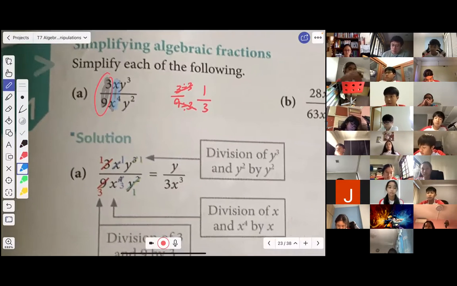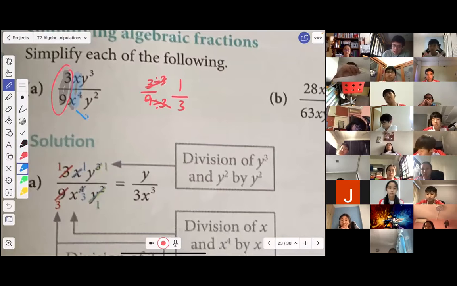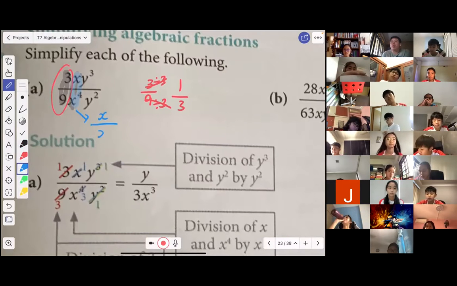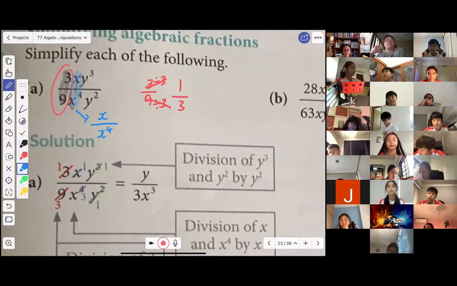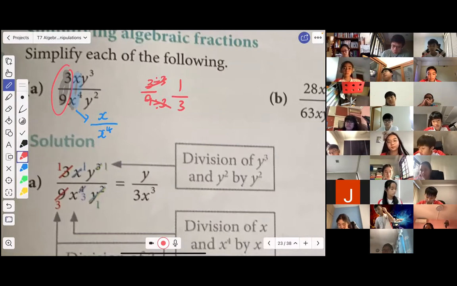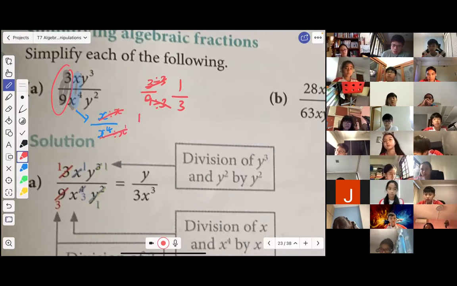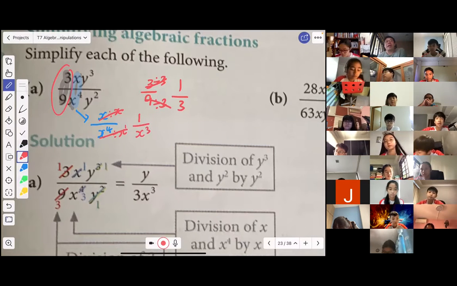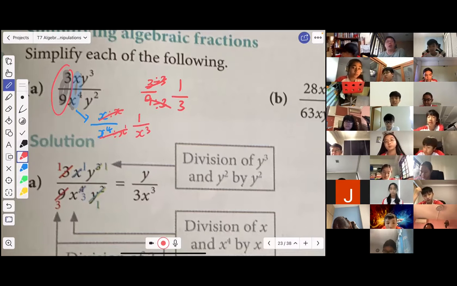Some of you are a bit confused by this. We can divide both top and bottom by x. x divided by x gives 1, and x to the power of 4 divided by x to the power of 1 gives x to the power of 3. Again, we are cancelling common factors from the top and bottom, which allows you to simplify your fraction.